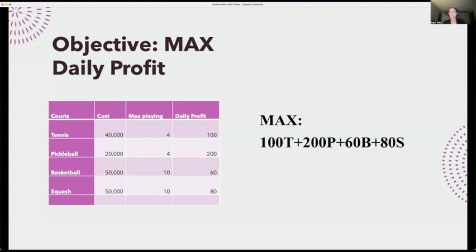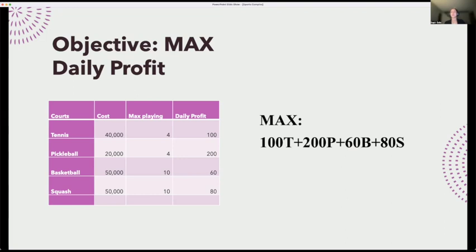And the objective function I came up with utilizes the daily profit column, and it's 100T, so that's $100 a day per tennis court, per each tennis court, which is important to note, plus $200 per day for each pickleball court, plus $60 per day per basketball court, plus $80 per day per squash court.